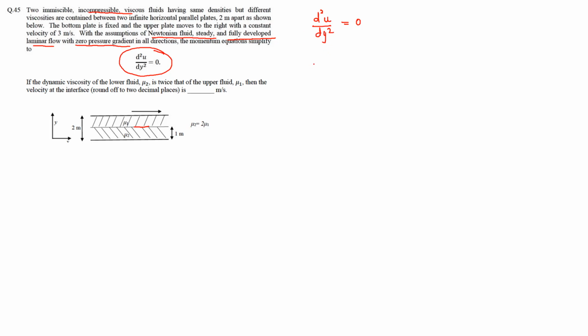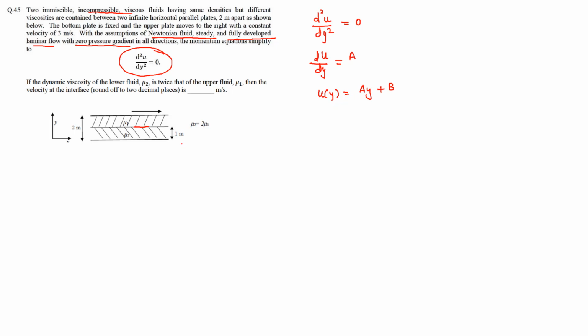Okay, so let's continue. We start here, and you can simply solve this differential equation. We can integrate it once and say that du/dy is equal to some constant a, and then u as a function of y will be a times y plus b, and these a and b are your constants or unknowns here.